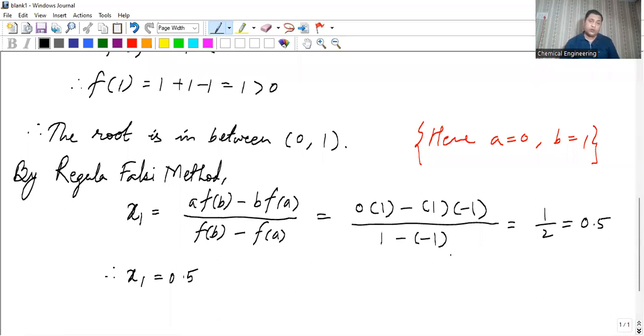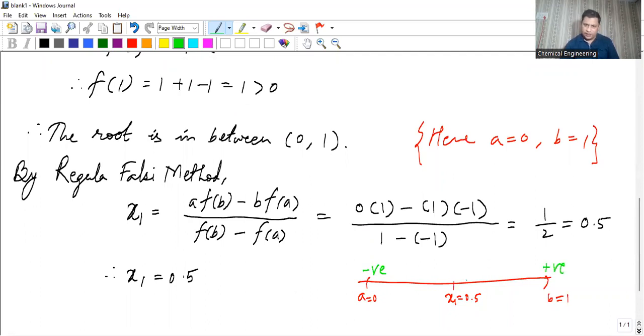Now we have two intervals. This is a, which is 0, this is b, which is 1, and we calculated the point x1, which is 0.5. Now we have to decide whether the root lies here or here. Here we have a negative value and here a positive value.